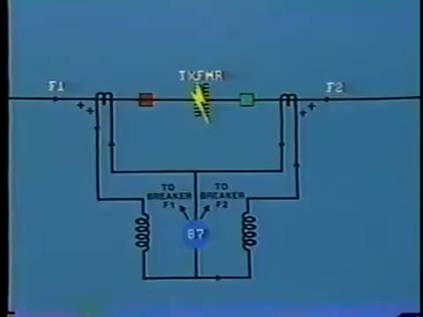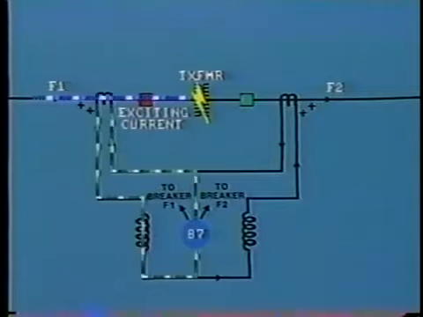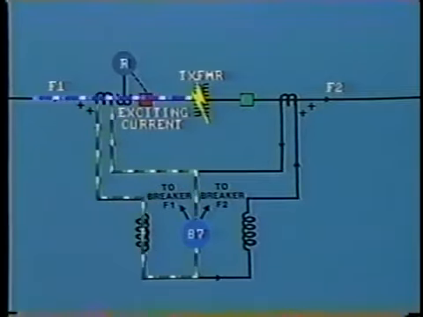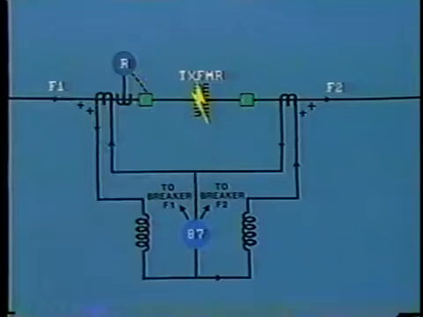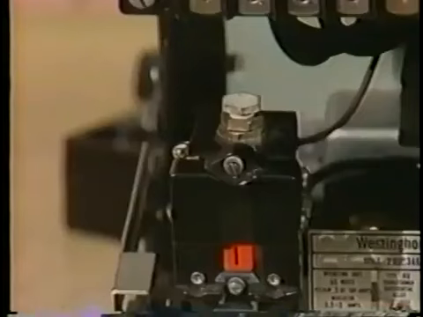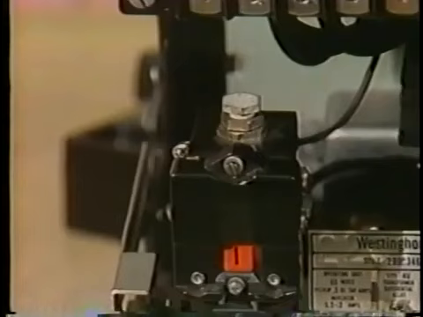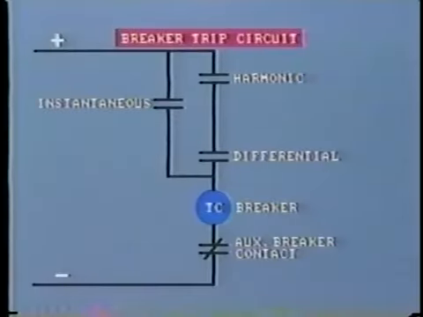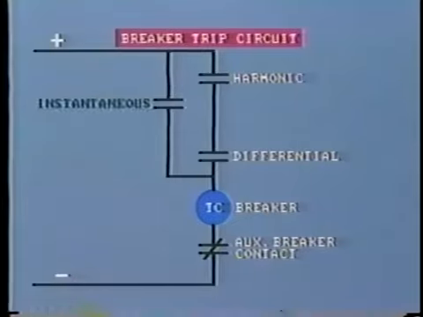If a heavy internal fault does exist during energization, the unit is normally protected by an additional relay, just to make sure that it does trip. This is a built-in instantaneous relay that is fed directly from the CTs without restraint. Its operating contacts are wired in parallel with those of the restrained differential unit.